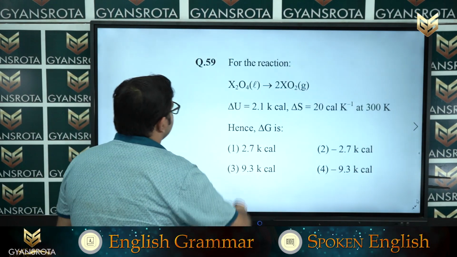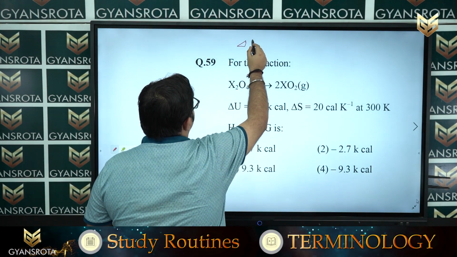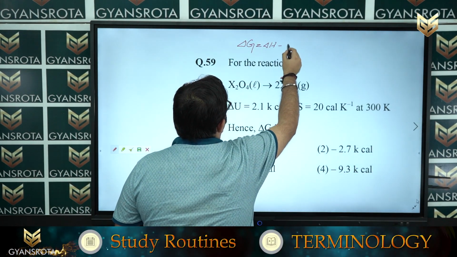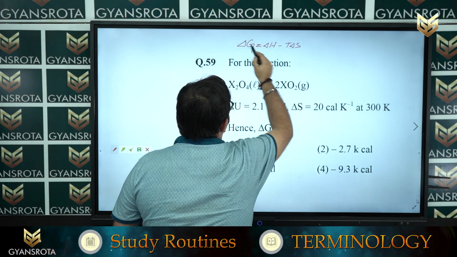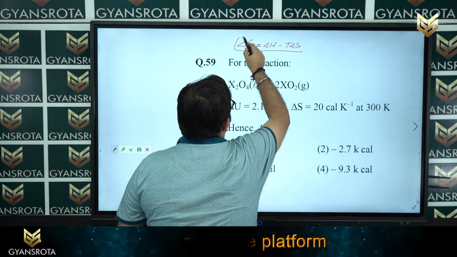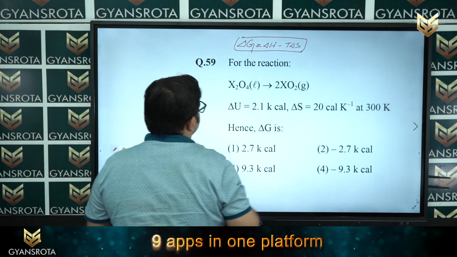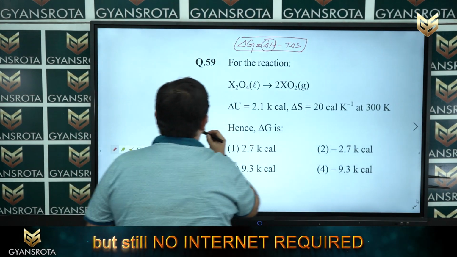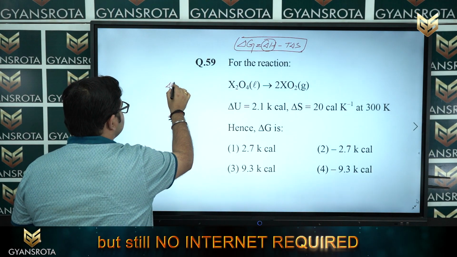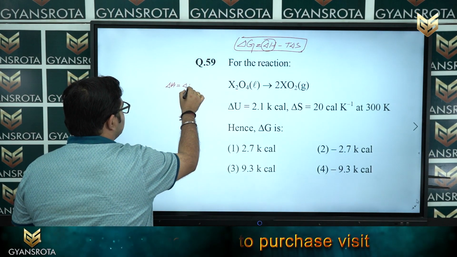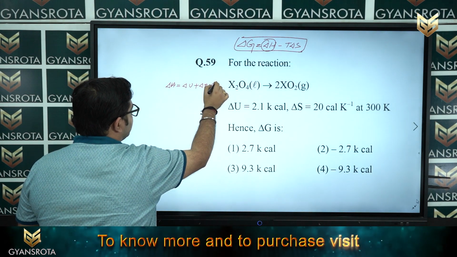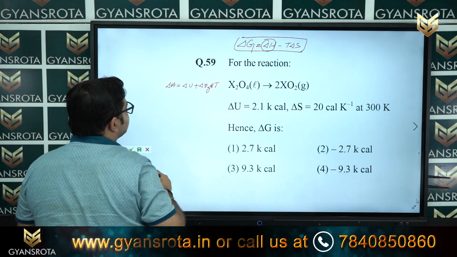First of all, we have to use this formula to calculate delta G: delta G is equal to delta H minus T delta S. We are going to use this formula here. Now, first let us find delta H. How to find delta H? Delta H equal to delta U plus delta Ng RT.